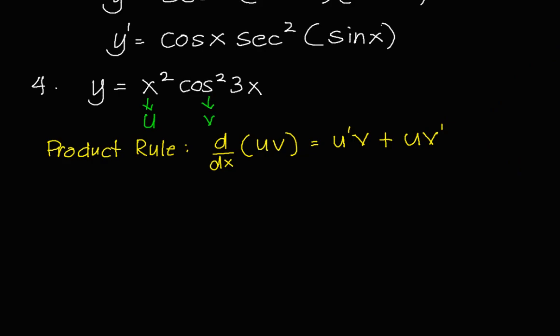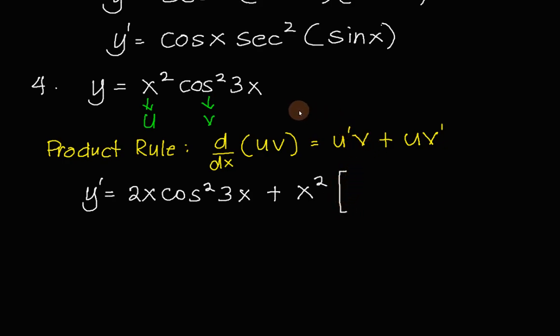So following the product rule, y prime equals the derivative of x squared, that's 2x, times cosine squared 3x plus x squared times the derivative of cosine squared 3x.